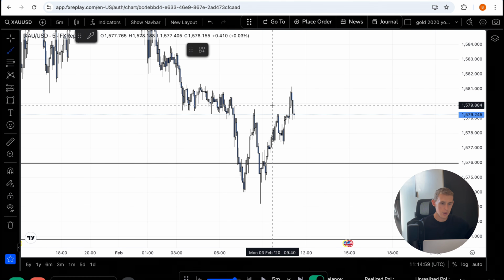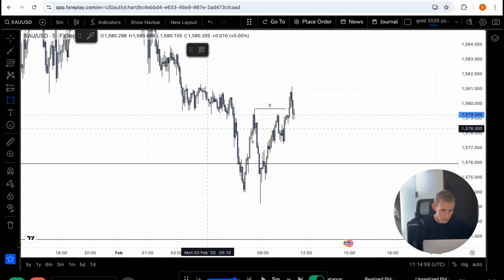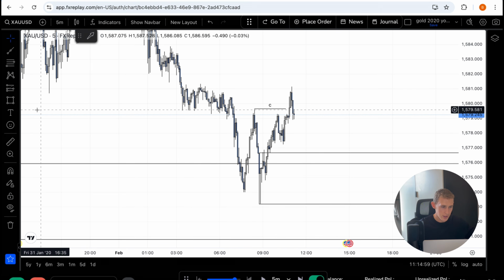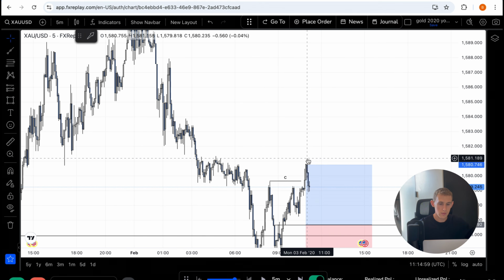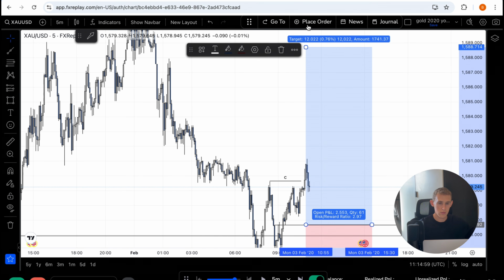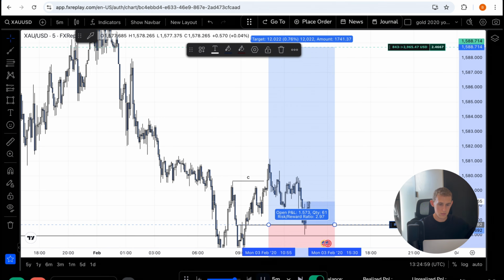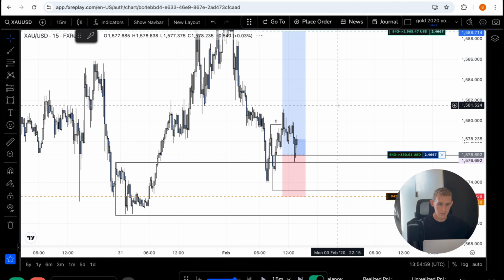Nice, there we go. So that's perfect. Change of character. We've got an area imbalanced. I'm going to enter on this one in this case because it's a bit more discounted. There we go. Quite a slow and corrective pullback, which is what I want to see, really.